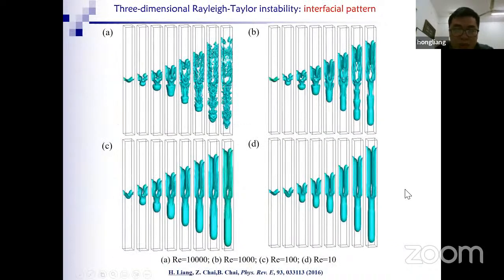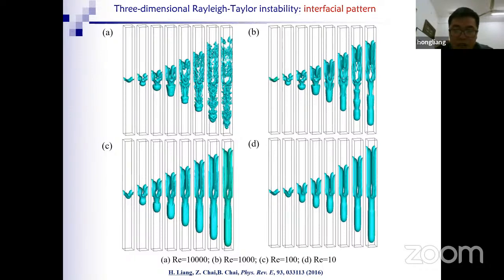Now we also simulate the three-dimensional Rayleigh-Taylor instabilities, and we can find the same conclusions. For larger Reynolds numbers, the interface is very complex.